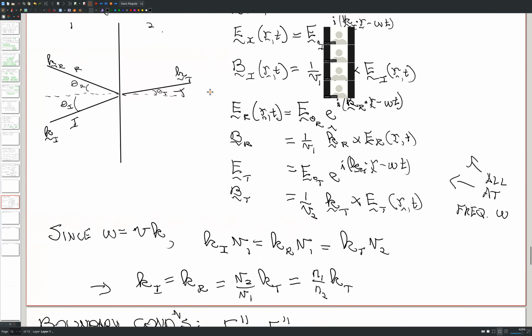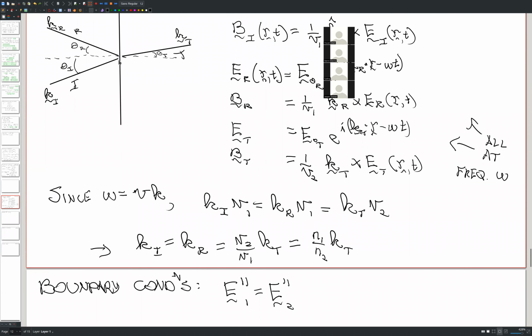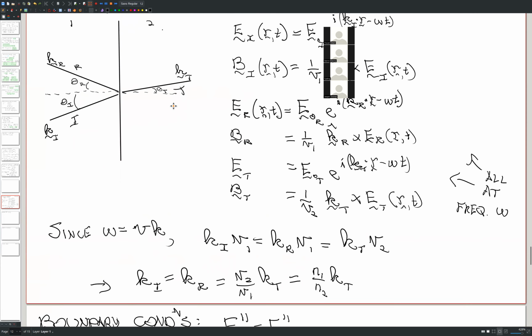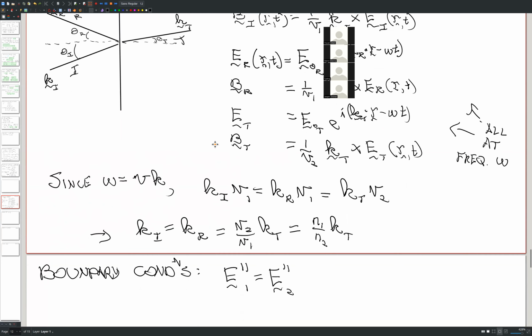Now, the parallel components of the electric field in the plane of the interface have to be continuous, and that has to be continuous absolutely everywhere. So anywhere where I take the x direction of the field and put z equal to 0, these incident plus reflected amplitudes have to be equal to the transmitted ones.